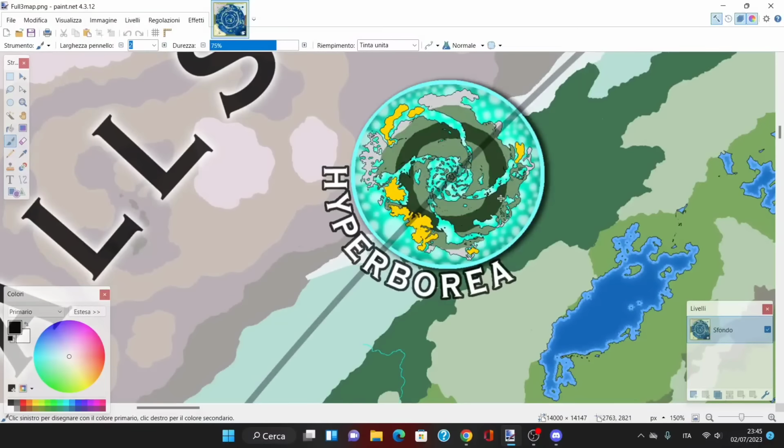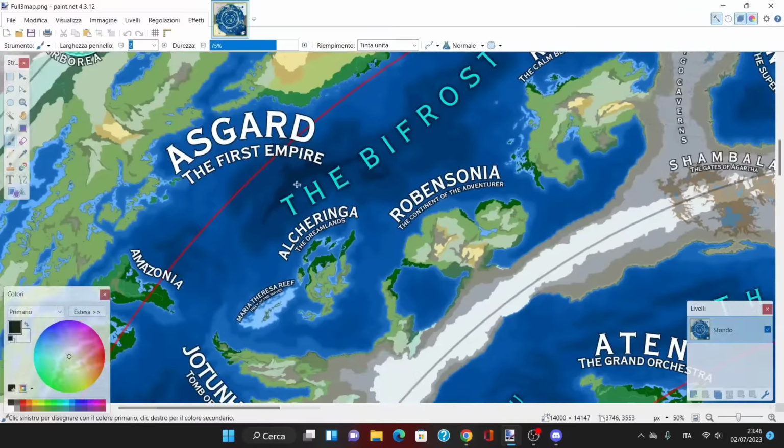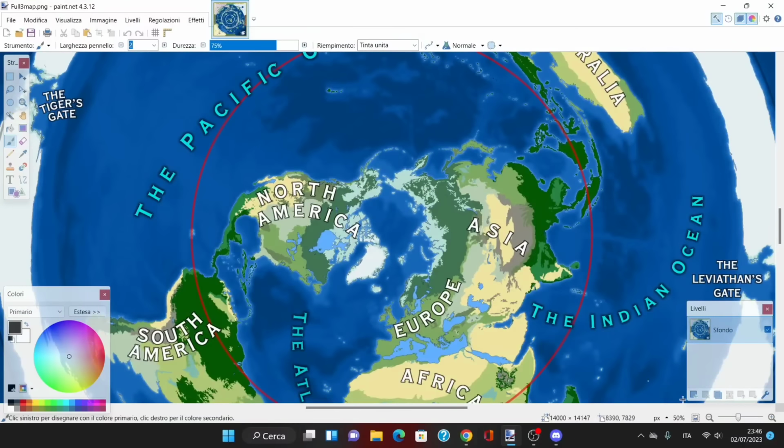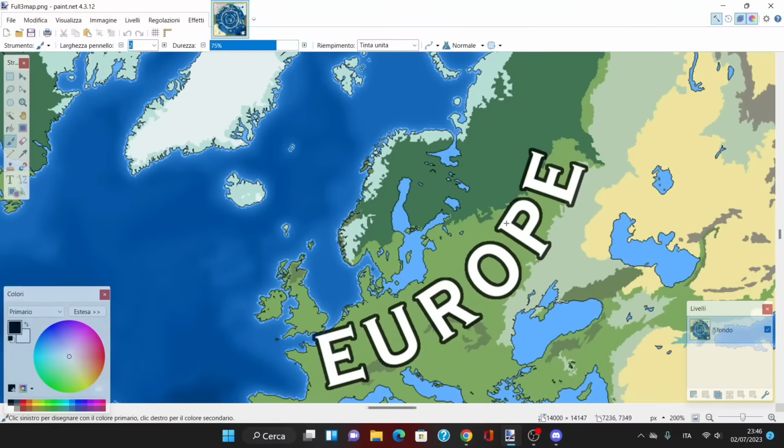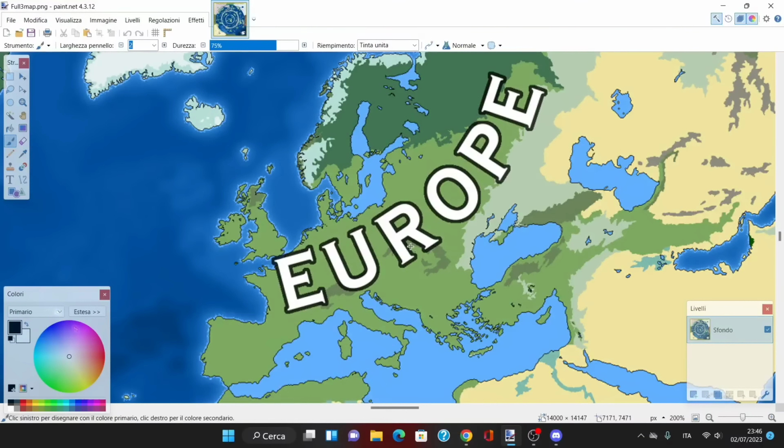So the ancient Greeks believed there to be a landmass called the Land of the North Winds, so of course Hyperborea. And this landmass was not really known where it was, so some of the Greeks thought it was somewhere alongside Northern Europe. Some Greeks thought it was in Iceland, some thought it was the Scandinavian peninsula.